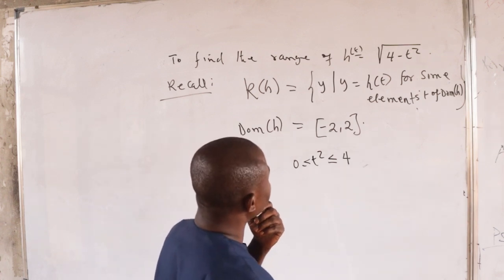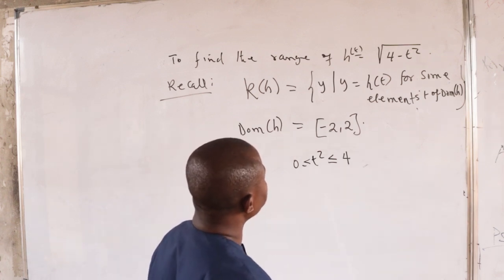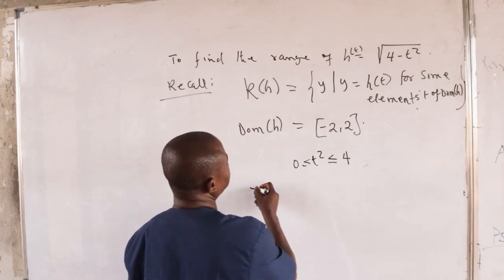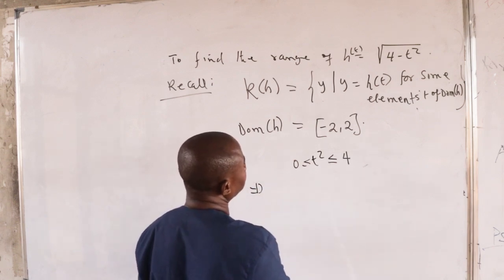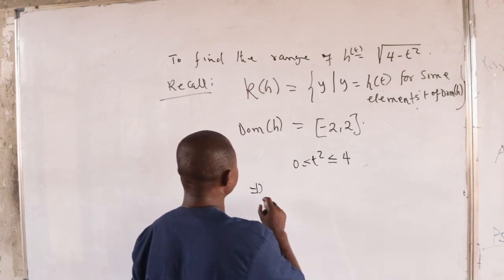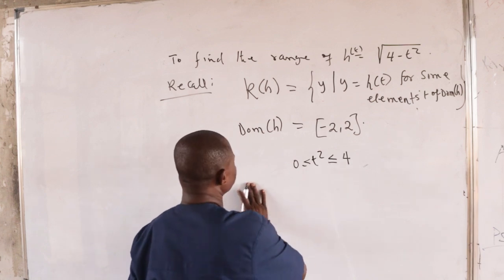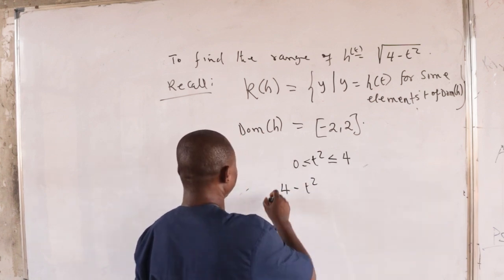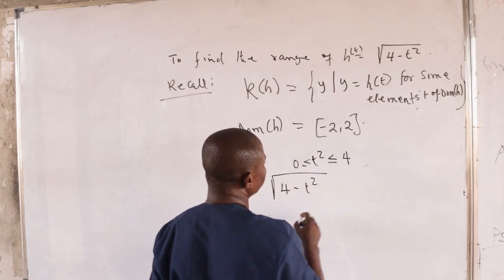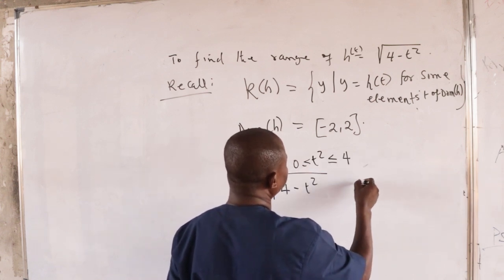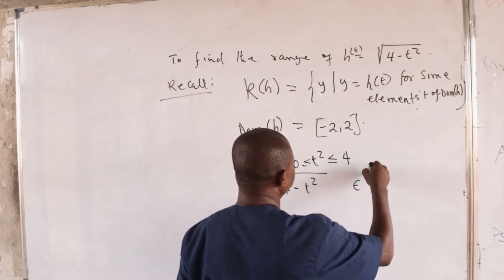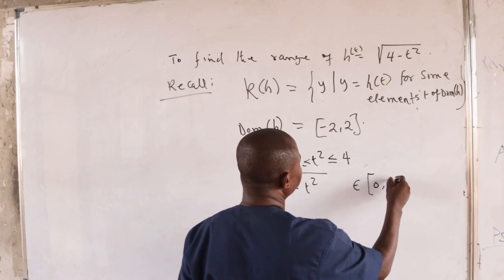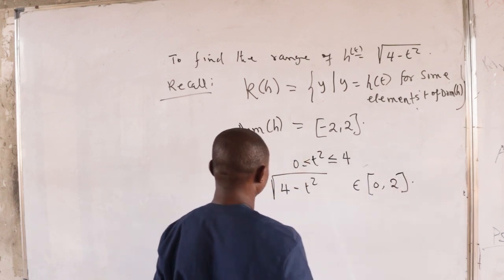Alright. What does this mean? This means that our 4 minus t squared, when you take the square root, what you get is in the interval [0, 2].